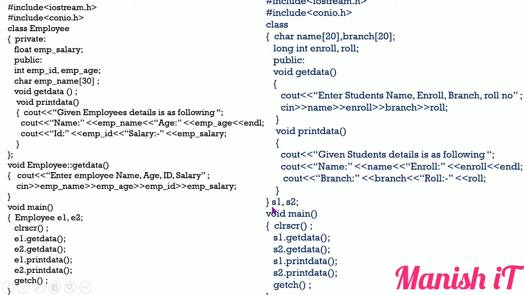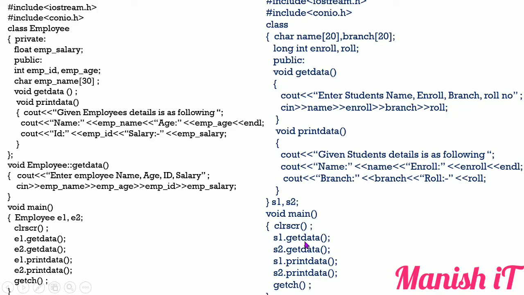If I had written only s, it would throw an error. After finding s1, I used s1 dot get data, because the rule is that a member function of a class is accessed with the dot operator.